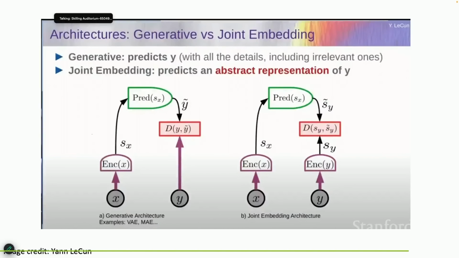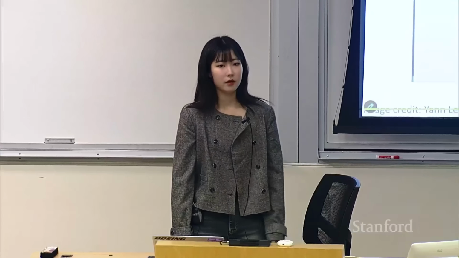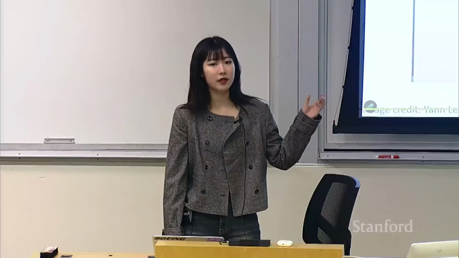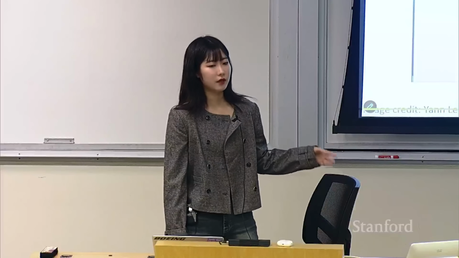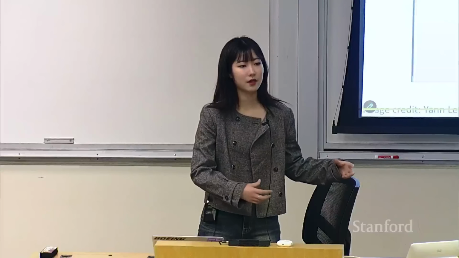But today we will talk about joint embedding predictive architecture, which is somewhat different from the generative world model. On the left side, the thing you see is a generative world model. X is the current state, and let's say Y is the thing that we have to predict, which is a future step. You put the encoded current state into the predictor, and you directly compare to Y, which means that your model should produce the same pixel space as your target.